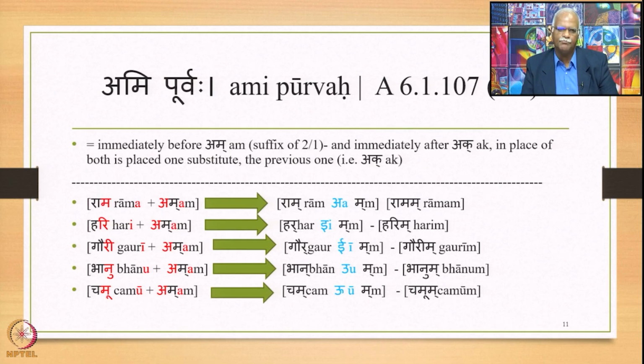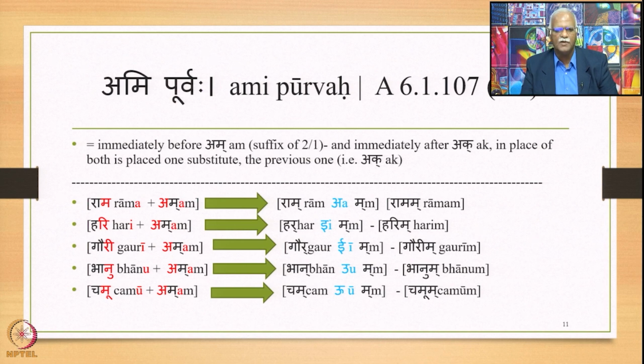Similar is the case with Bhanu and Chamu. So we have Bhanu plus, the scope of application for Iko Yanachi, but it is cancelled by this particular sutra because of the limited domain of application.